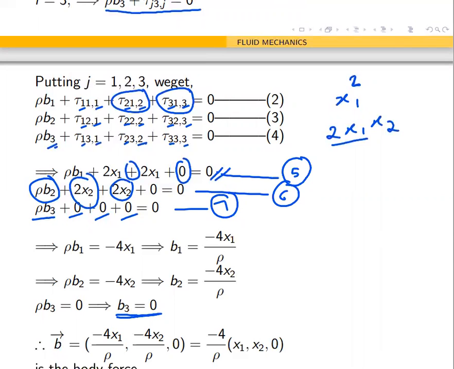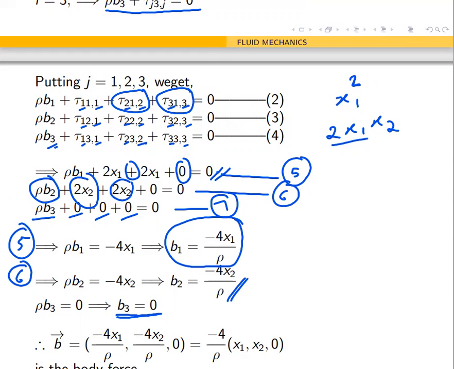Now from equation 5, we are getting rho b1 equal to minus 4x1. So b1 is nothing but minus 4x1 by rho. From equation 6, rho b2 is equal to minus 4x2, so b2 is minus 4x2 divided by rho. b3 is 0.